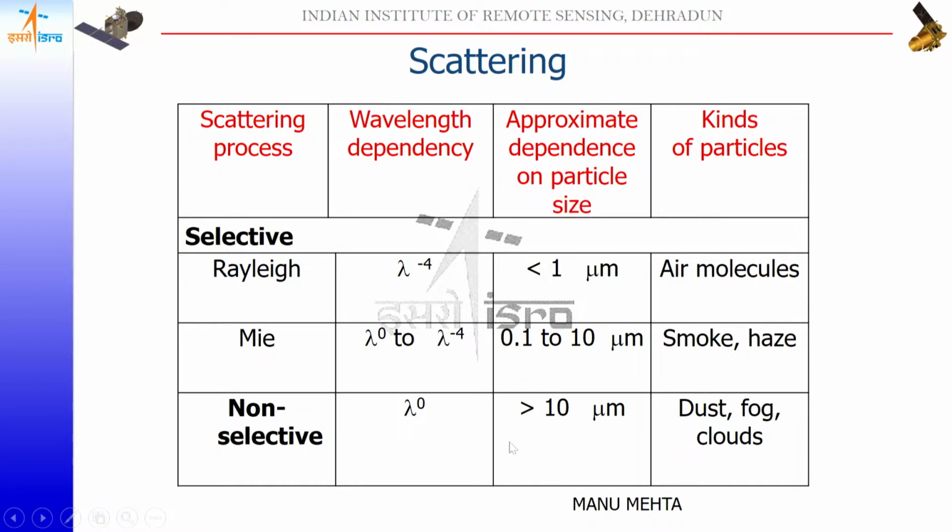And when the size of the scatterer is much larger compared to the wavelength of interaction, then it falls in the range of non-selective scattering. Rayleigh scattering is exhibited by gaseous molecules in the atmosphere. Mie scattering is shown by smoke and haze particles, that is, aerosols. And non-selective scattering is exhibited by bigger particles like cloud droplets.